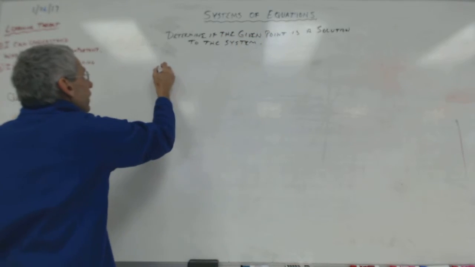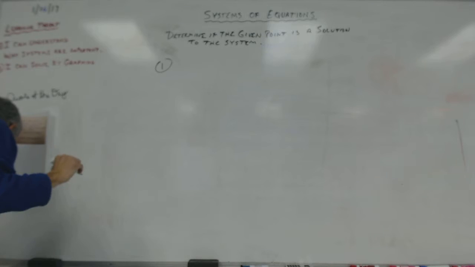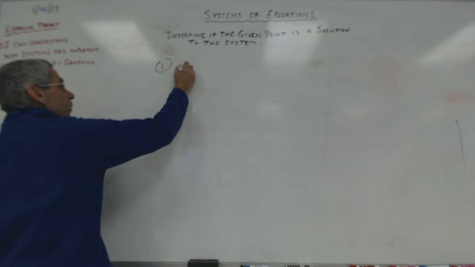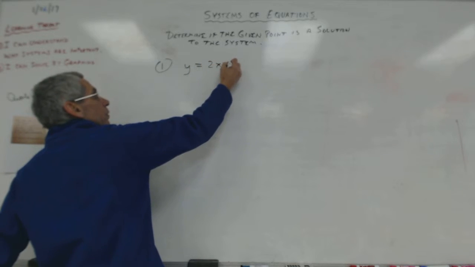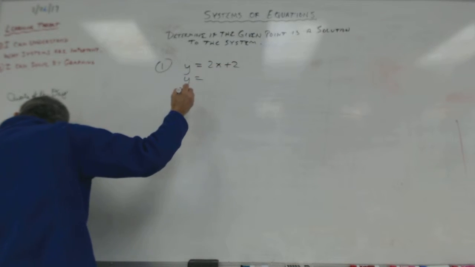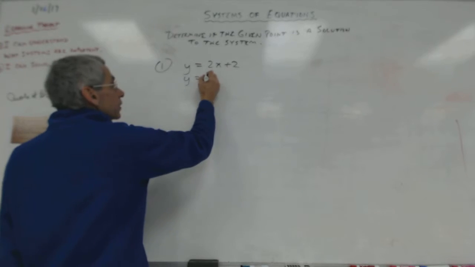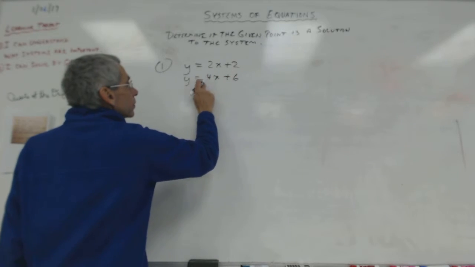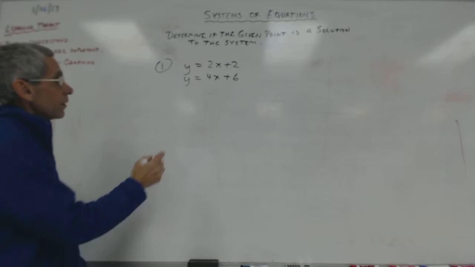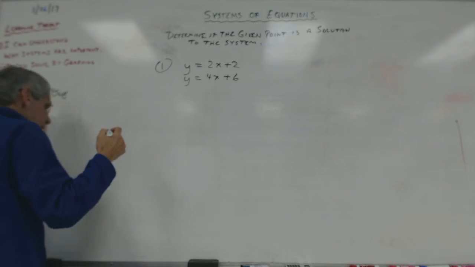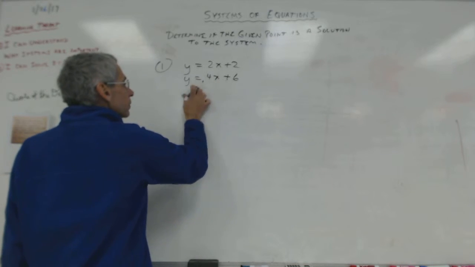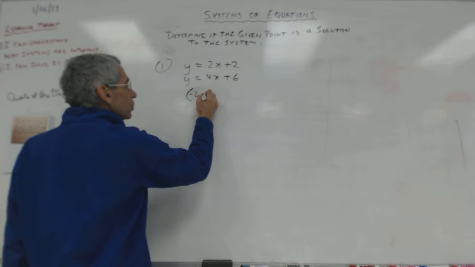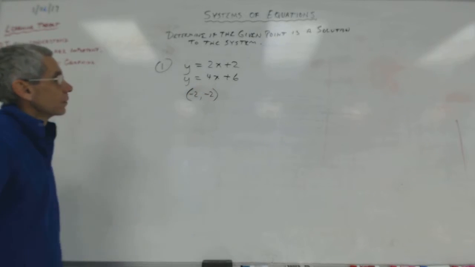So here we go. If I gave you this problem, let me grab one. y equals 2x plus 2, and y equals 4x plus 6. And the point that I'm actually going to give you is (-2, -2).